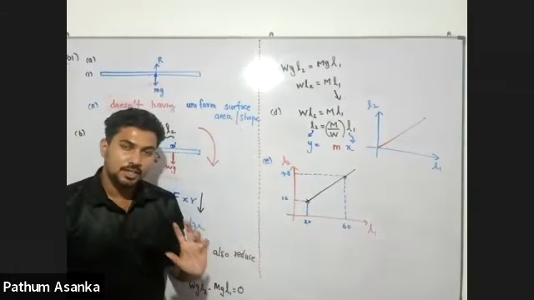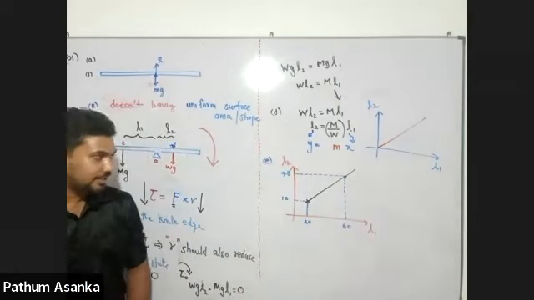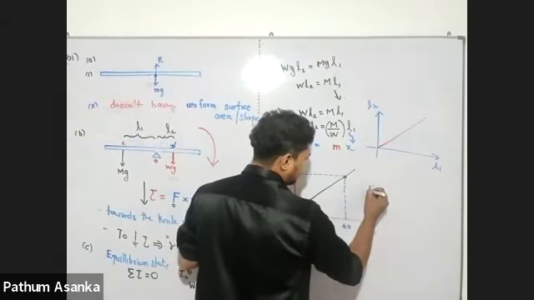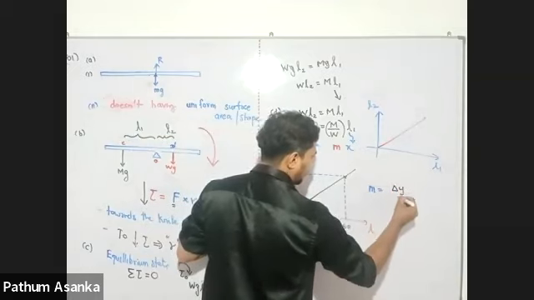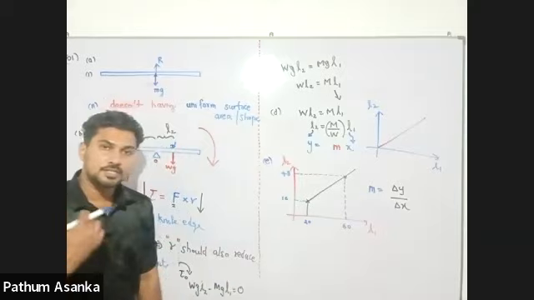So how should we obtain the gradient of this graph? ඔයාලා දන්නවා gradient එක කියන්නේ the difference of y coordinates over difference of x coordinates.